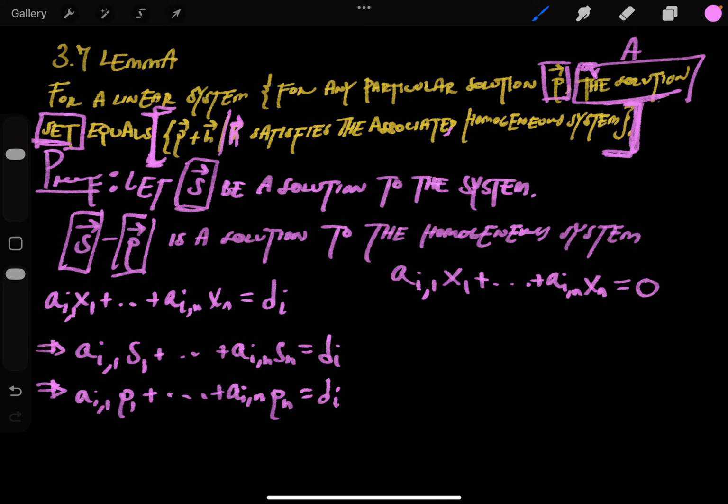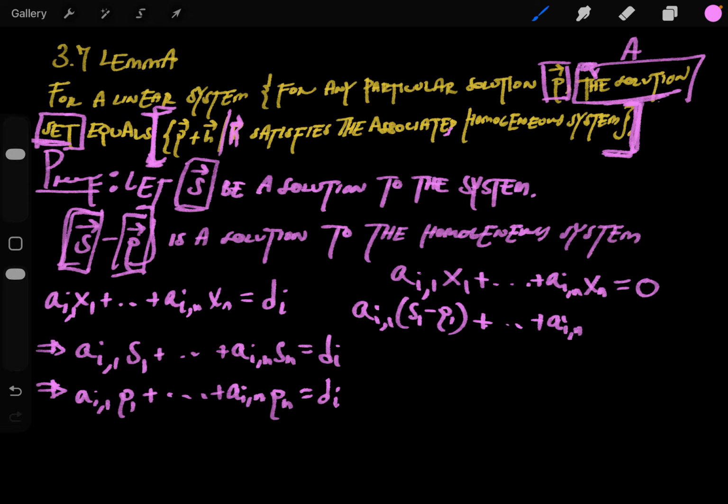Now let's see. What does this vector look like? It's just S1 minus P1, S2 minus P2, and so forth. So it looks like a sub i1 times S1 minus P1 plus dot dot dot plus a sub in times Sn minus Pn. And now, does this equal 0 is the question.